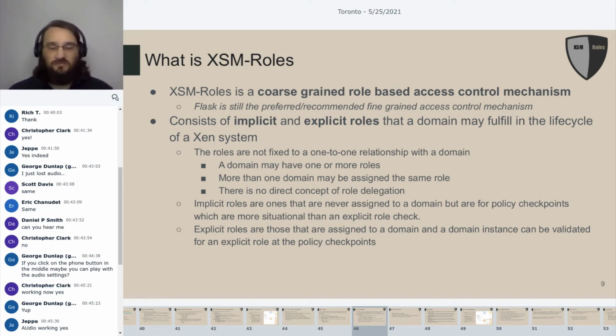Then you get into explicit roles. An explicit role is clearly an assigned operation, where you're doing a specific check for having that role at the policy checkpoint. This is how we split up these roles as we were laying it out into the system.